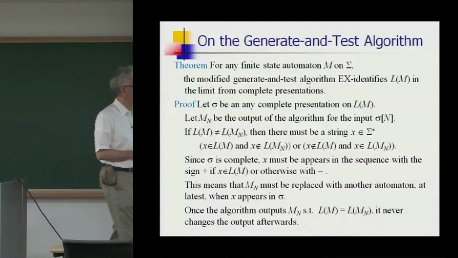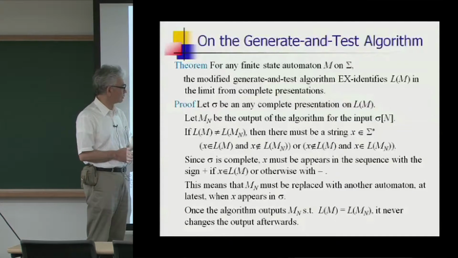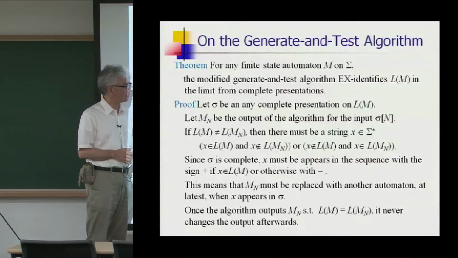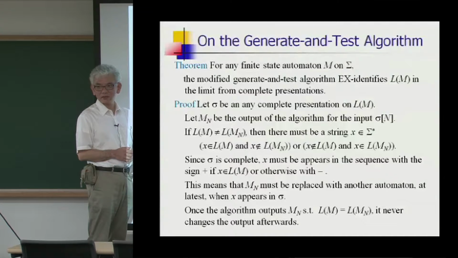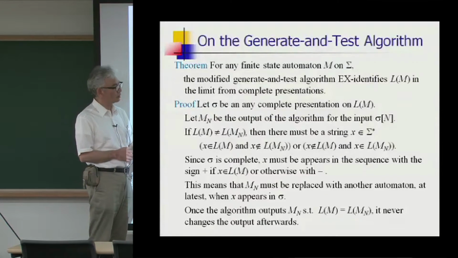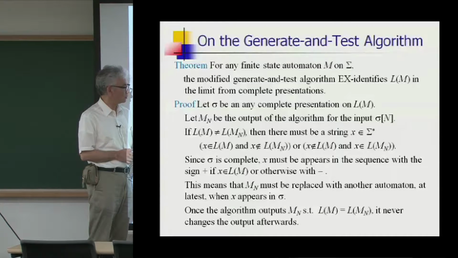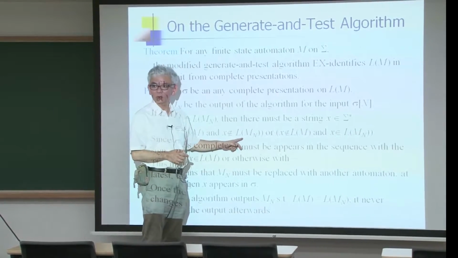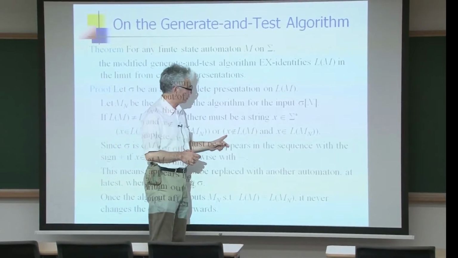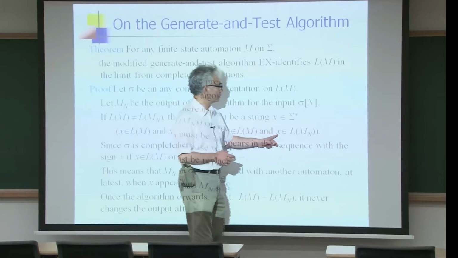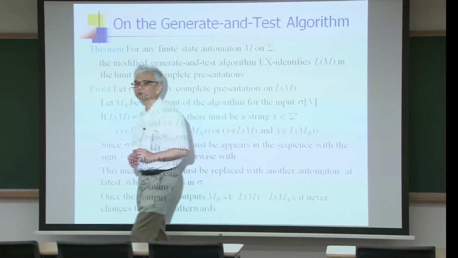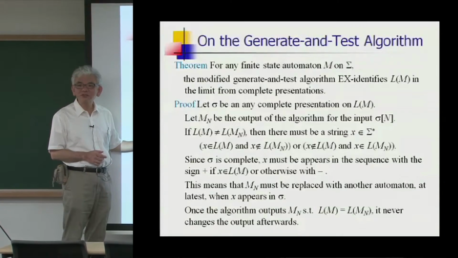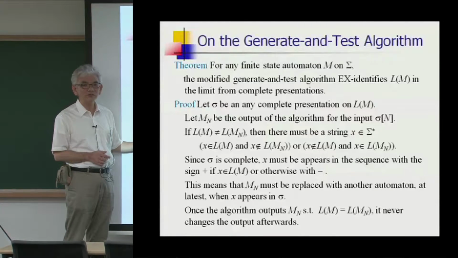If the two languages are different, the two languages meaning the language generated by the unknown automaton and the one of Mn, which is the current conjecture provided by the learning algorithm, then from the definition in mathematics, there is a data X in L of M which does not belong to L of Mn, or there is an X which does not belong to L of M and X belongs to L of Mn. This is a definition from set theory.